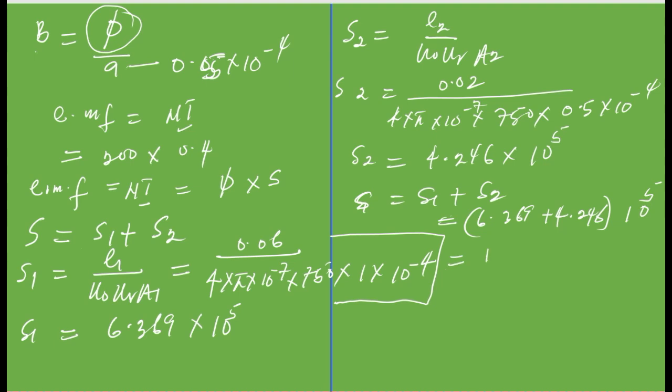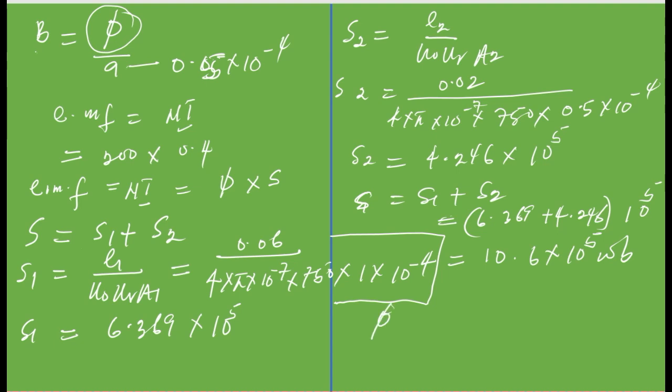So that's S equals 10.6 times 10 raised to power 5. If S is equal to 10.6 times 10 raised to the power 5, we can from there deduce our flux.